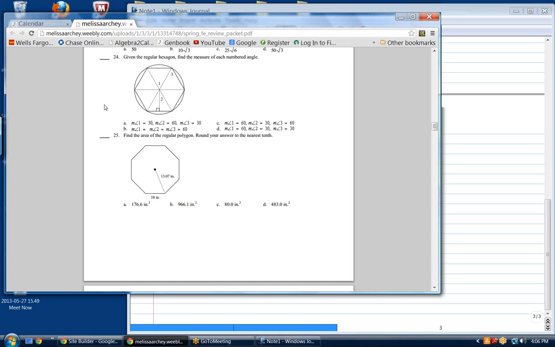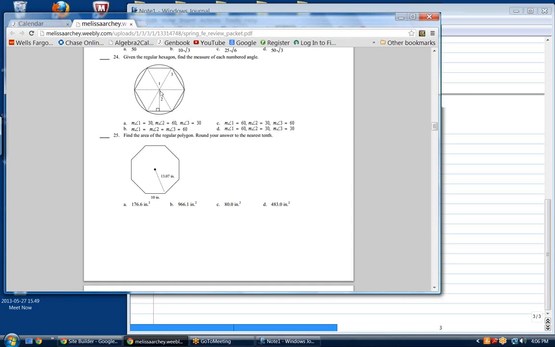What's angle 3? Angle 3 would be 30 as well. No. If angle 1 is 60, what kind of triangle is that? 30, 60, 90? No. It's an equilateral. Doesn't it look like an equilateral? Yeah. Okay. It's an equilateral because it's isosceles for sure, because all radiuses are equal.